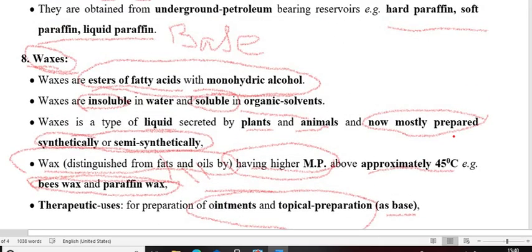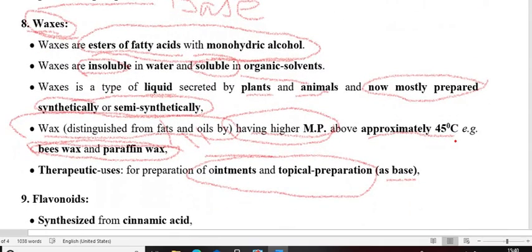And the therapeutic property of waxes we already discussed.